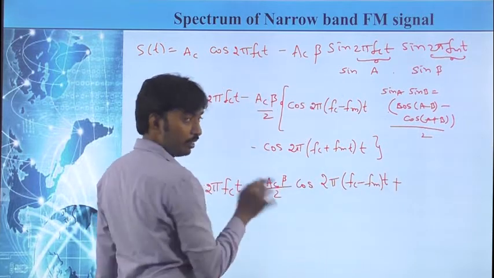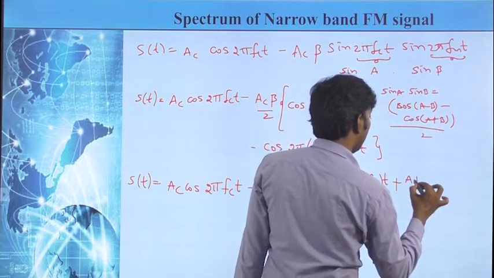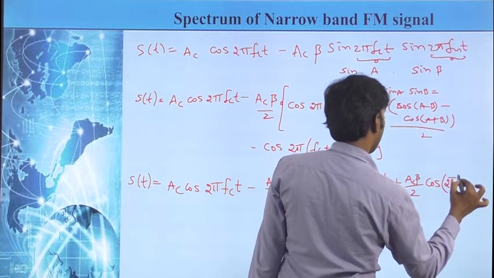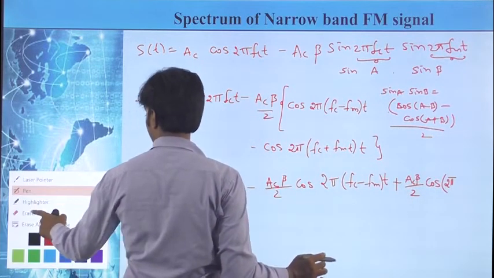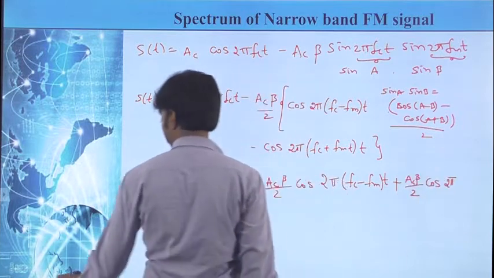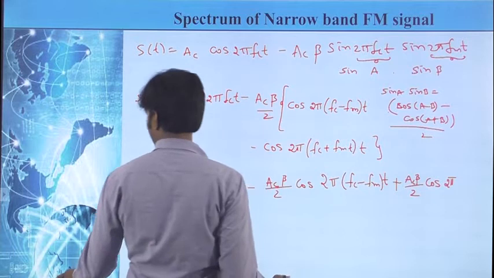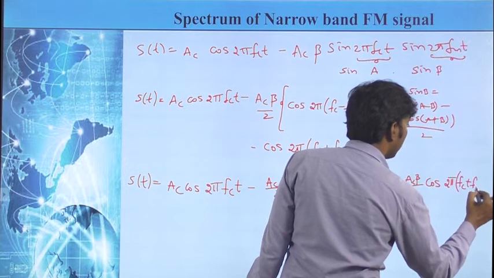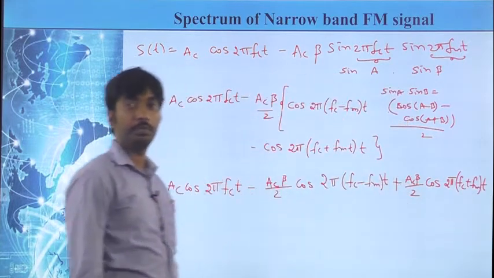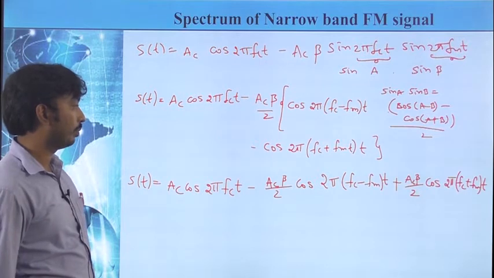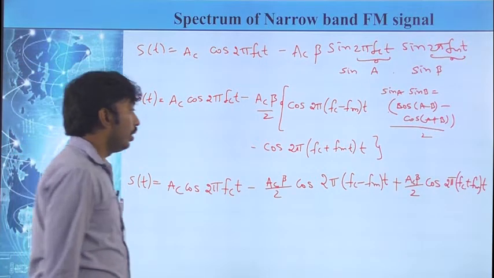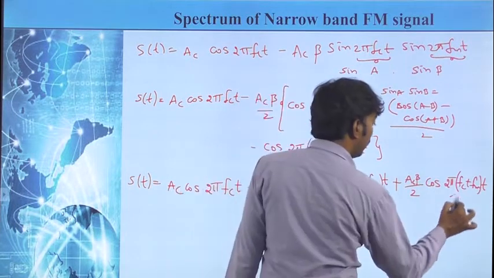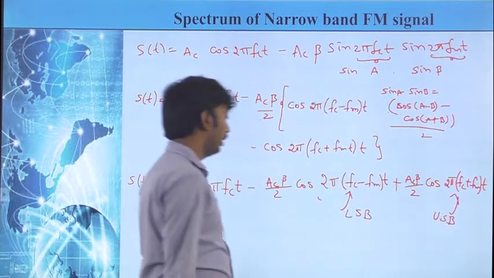This minus into minus becomes plus Ac beta by 2 cos of 2π(fc plus fm)t. Right, now this is the lower side band, this is the upper side band, this is the carrier.